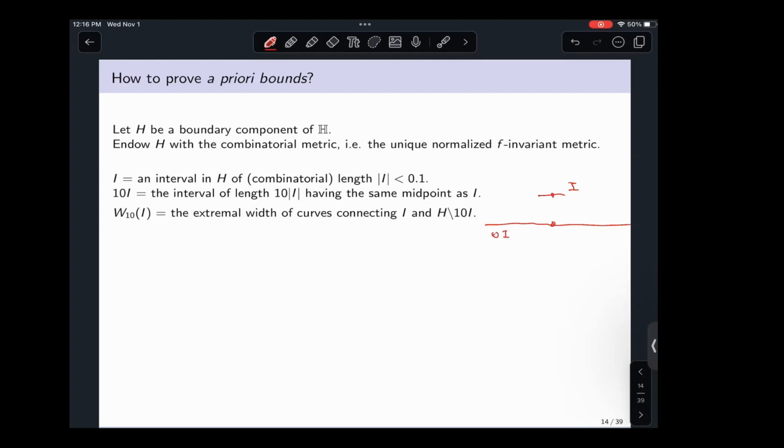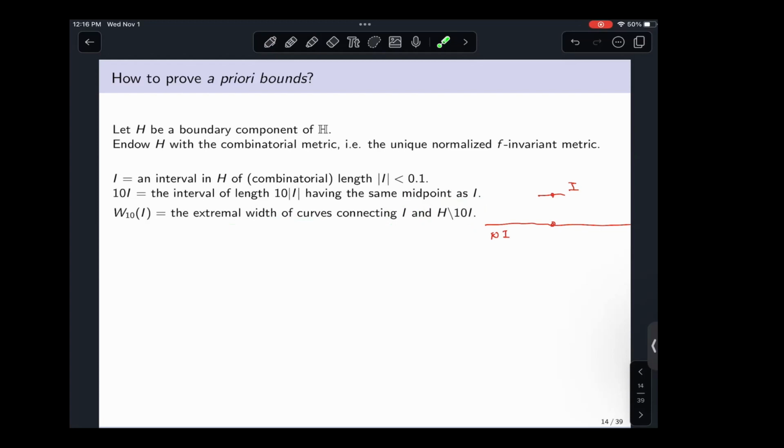But what I'm going to do is play with the extremal width of curves connecting I and the complement of 10I. Just a reminder that extremal width here is the reciprocal of the extremal length. So if you're familiar with extremal length, the extremal width is just the reciprocal.